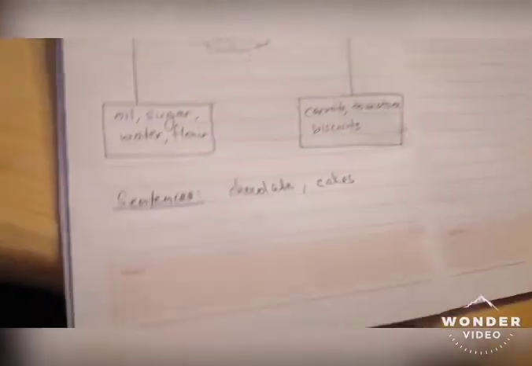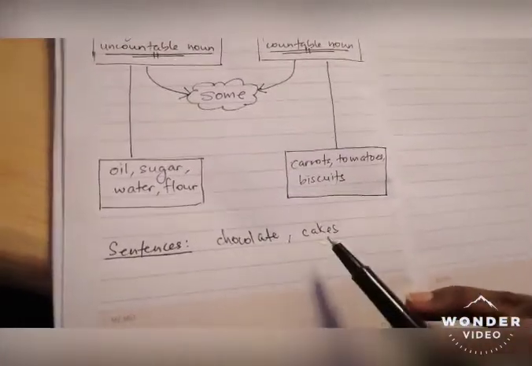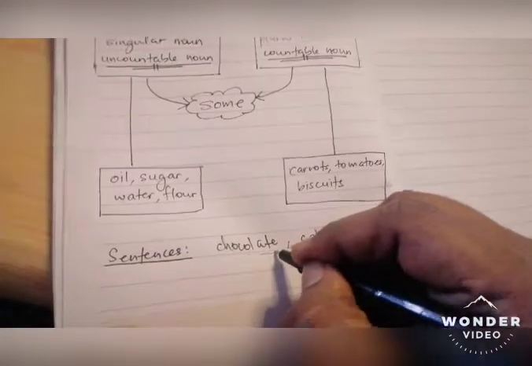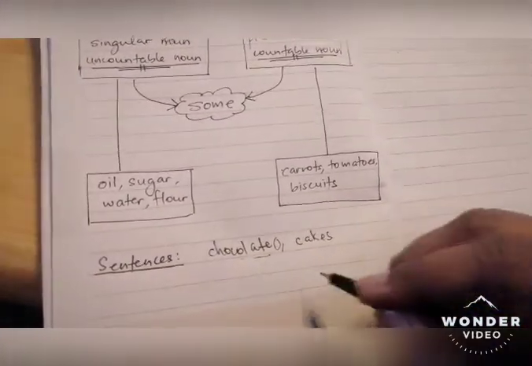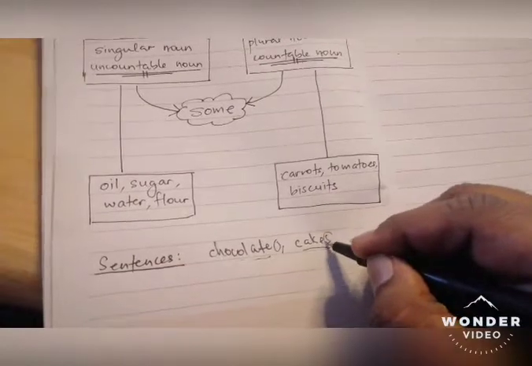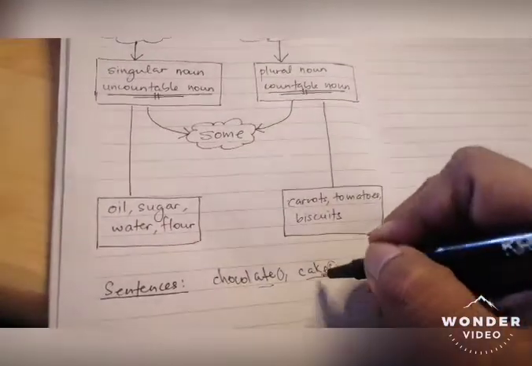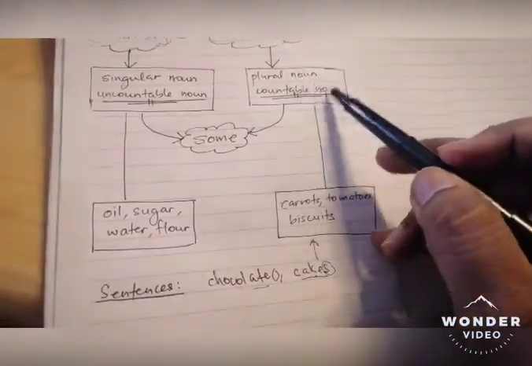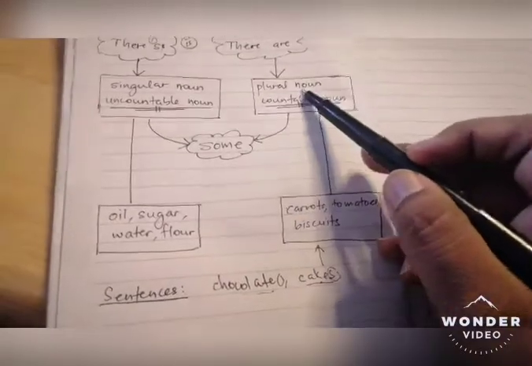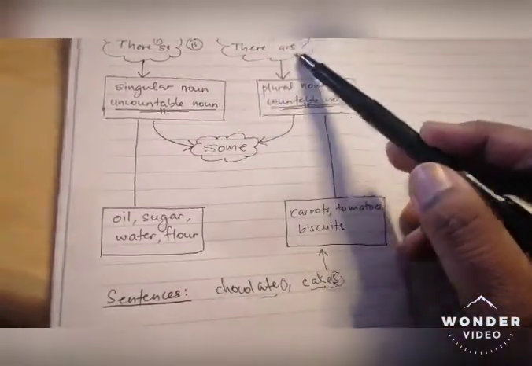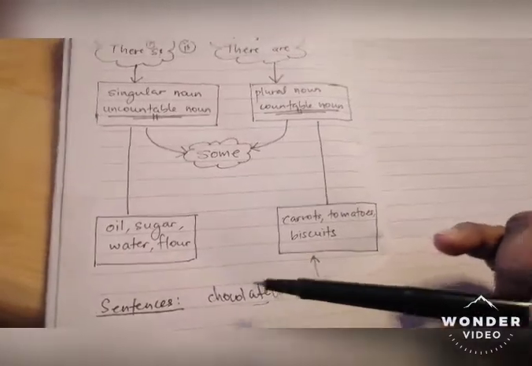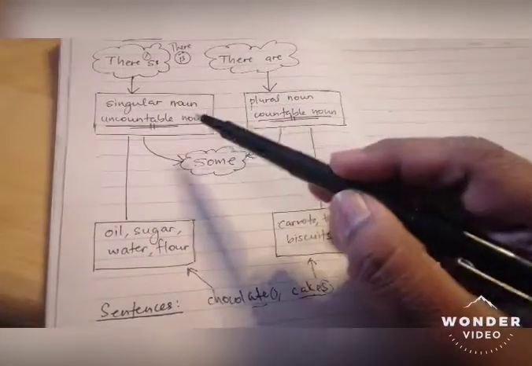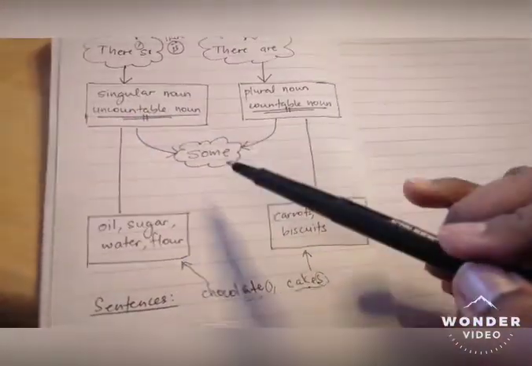Chocolate, if you realize, there's no S here. Cakes, you have an S here. So cakes falls under the countable noun in the plural form, so you use there are. Chocolate, no S, so it falls into the uncountable nouns. So you use there's some.